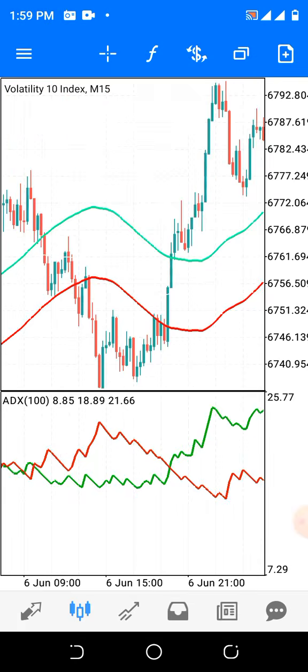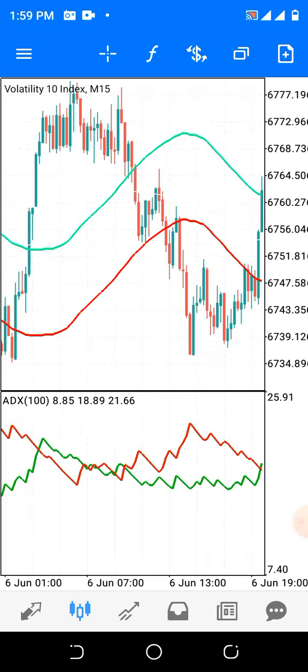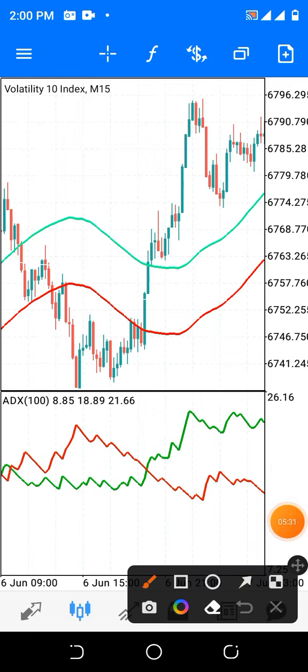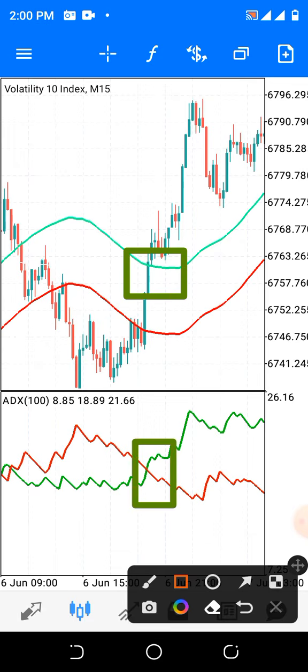So this is as well another opportunity for you to make a huge gain from the market. This is the candlesticks crossing the green line of the envelopes indicator, and as well if you observe here there is also a crossing. So you take a buy position here, set your stop loss to be here.